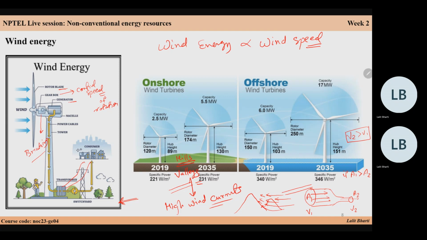On the sea level, the currents are pretty high. So turbines can be built to higher heights, and larger wind turbines can be placed, producing a higher capacity. You can see onshore the capacity mentioned is 5.5 megawatt with one turbine, whereas offshore there is 17 megawatt from one turbine. So this is all about wind energy.